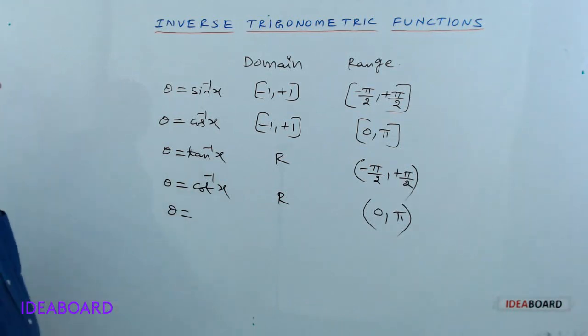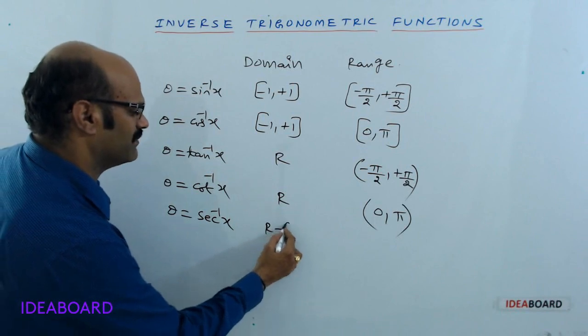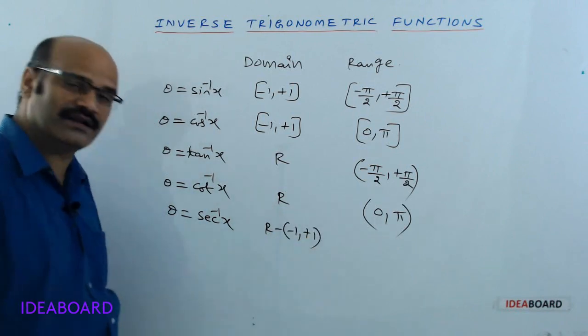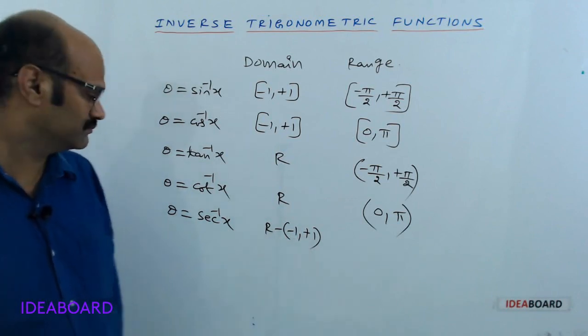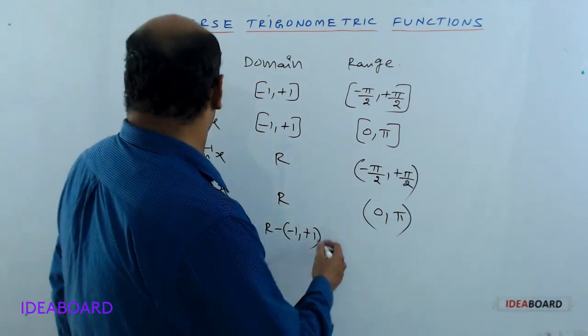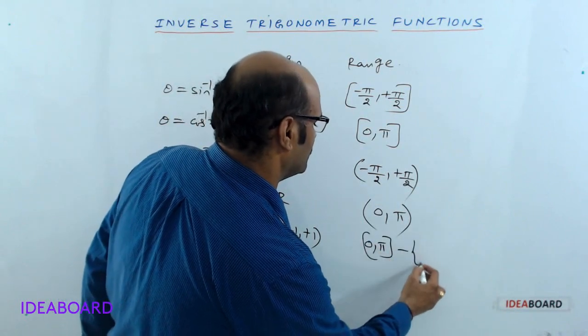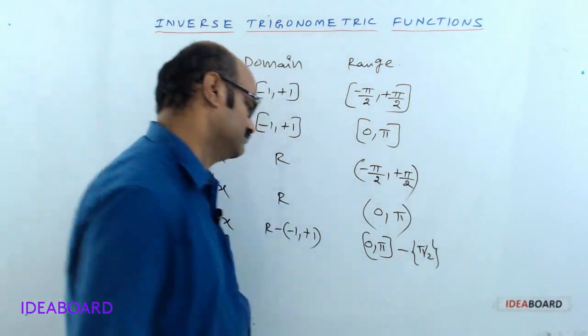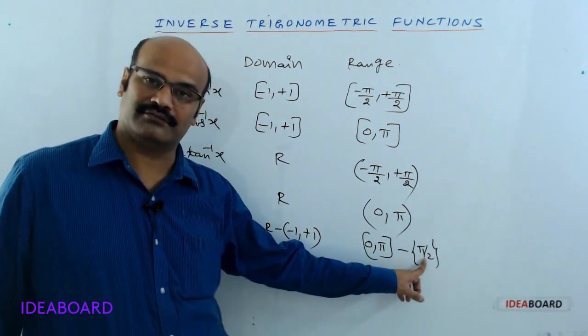Theta equal to secant inverse x. Domain is R minus the open interval minus 1 to plus 1. Range is 0 to pi minus pi by 2. From the interval 0 to pi, we have to eliminate pi by 2.